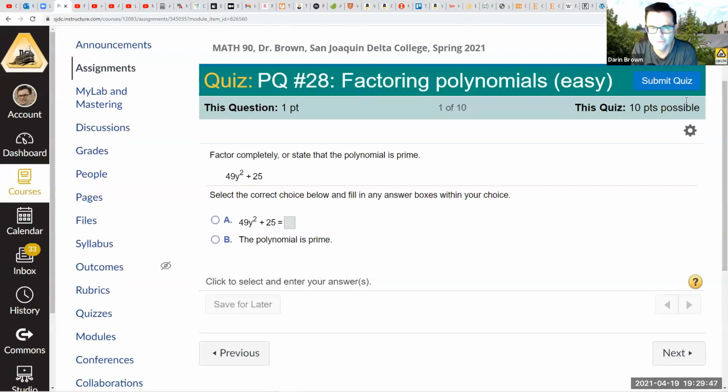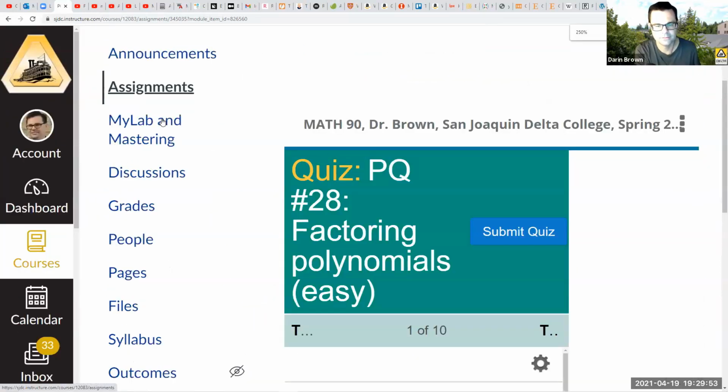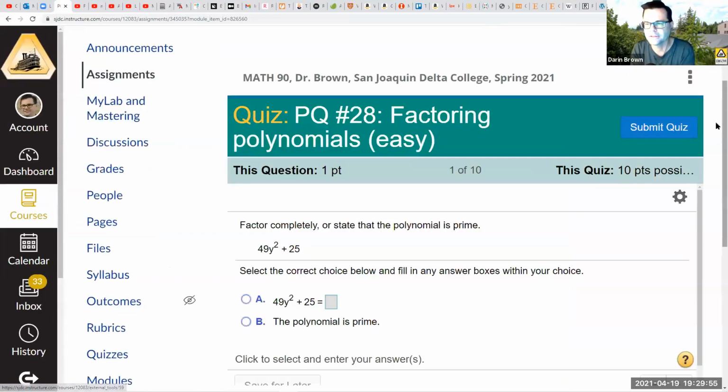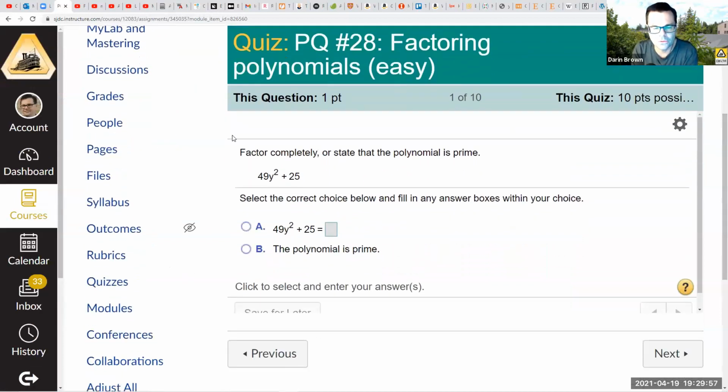So here we go. 49y squared plus 25. First of all, always remember GCF. 49 and 25 don't have any common factors, so nothing we can do there. How many terms are there? There are 2 terms.